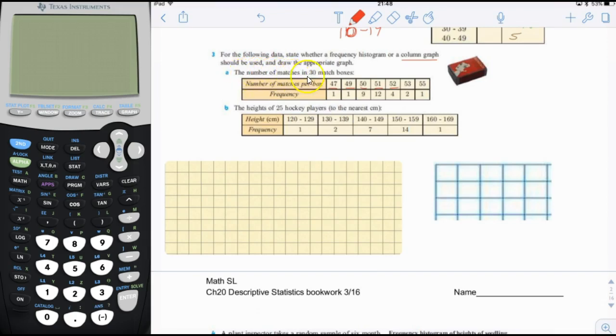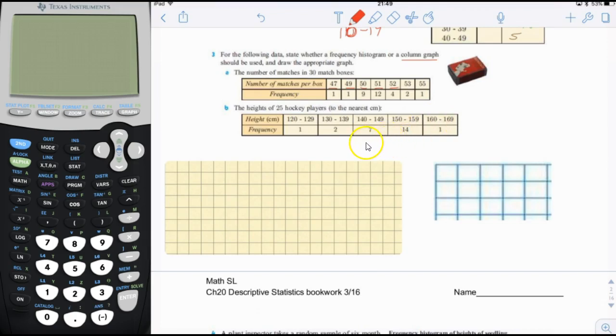You have number of matches, which is going to be whole numbers, and then you have heights, which is going to be decimal numbers, which is why they made intervals instead of just putting numbers here. So when you have this, you're going to want to use column graphs because it's whole numbers, separate little columns with space in between. For this one, you're going to use columns or bars that are stuck together.